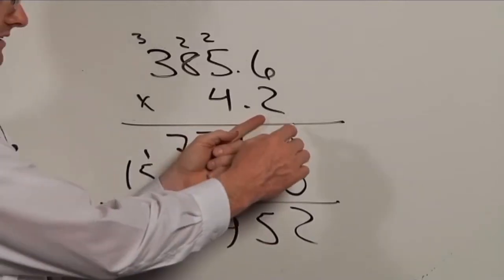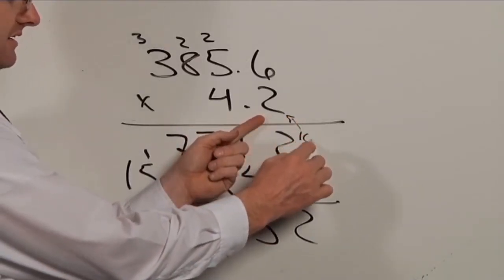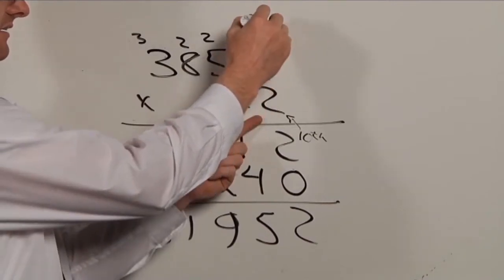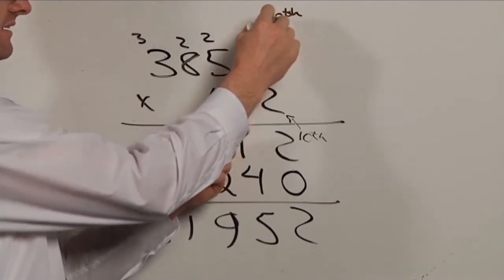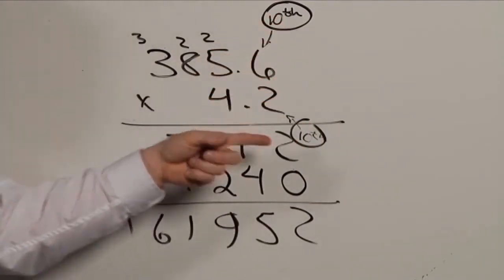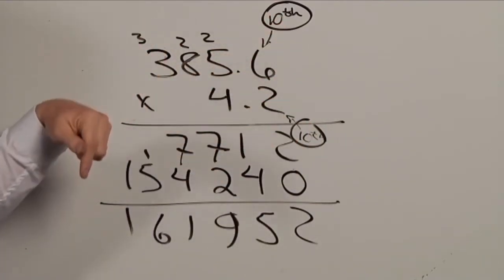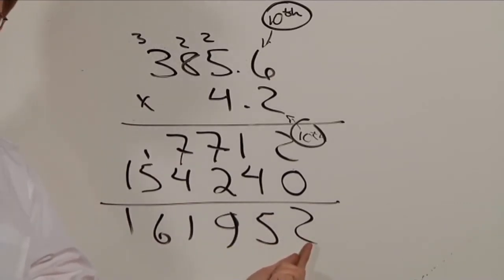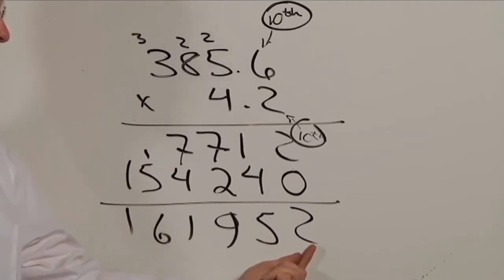Notice that this guy right here is a tenth, and that guy right there is a tenth. When you take a tenth times a tenth, you're going to get a hundredth. So this guy right here better be in the hundredths position. So here comes the shortcut.